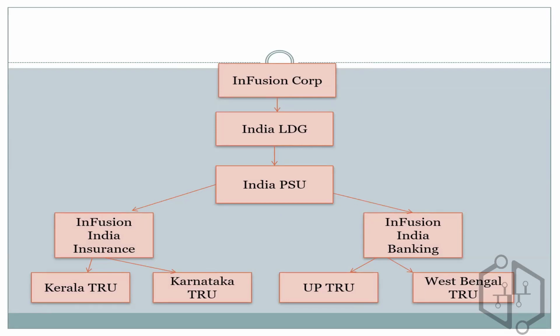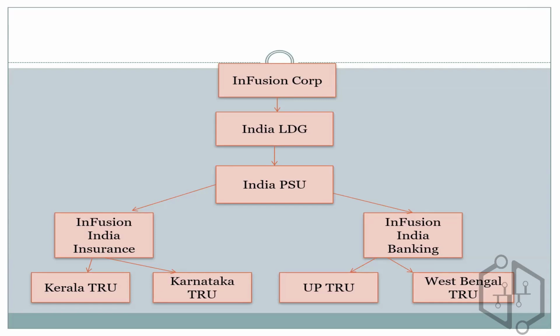Third, we have India PSU, meaning payroll statutory unit. The payroll statutory unit has two parts: India Insurance and India Banking. For India Insurance, we have Kerala and Karnataka. For India Banking, we have UP TRU and West Bengal TRU, that is, the tax reporting units of UP and West Bengal.